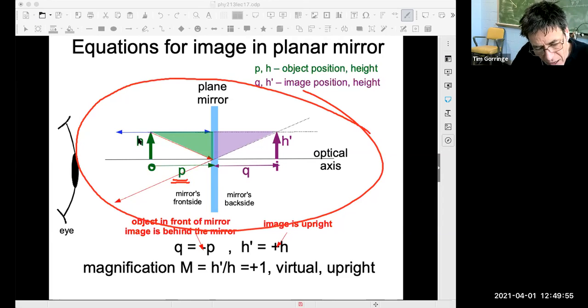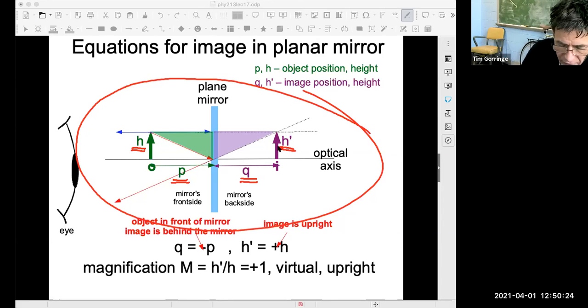The object height, indicated here, is H. So that represents the height of the object. The image location is the distance of the image behind the mirror in this planar mirror. We call that Q. So that denotes the location of the image. And then H prime is the symbol we use for the height of the image.